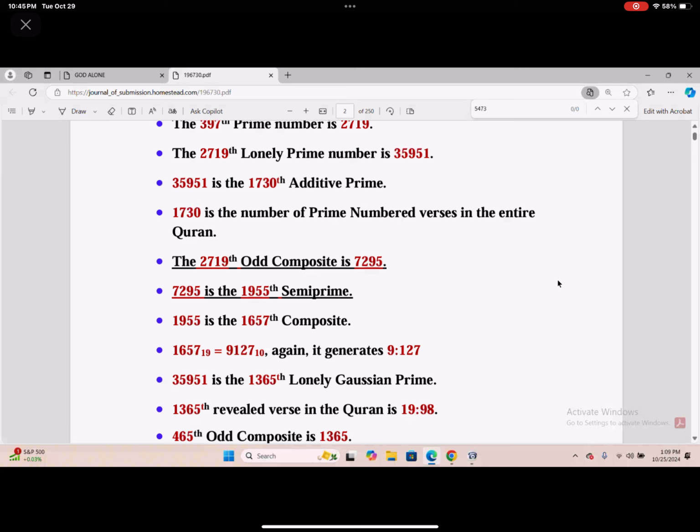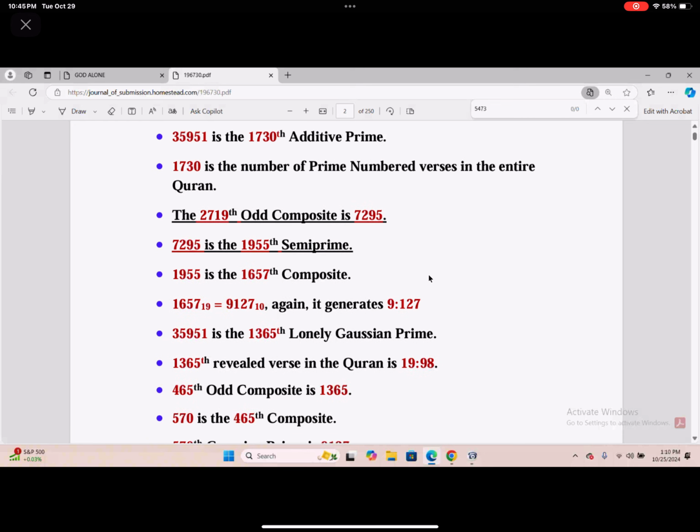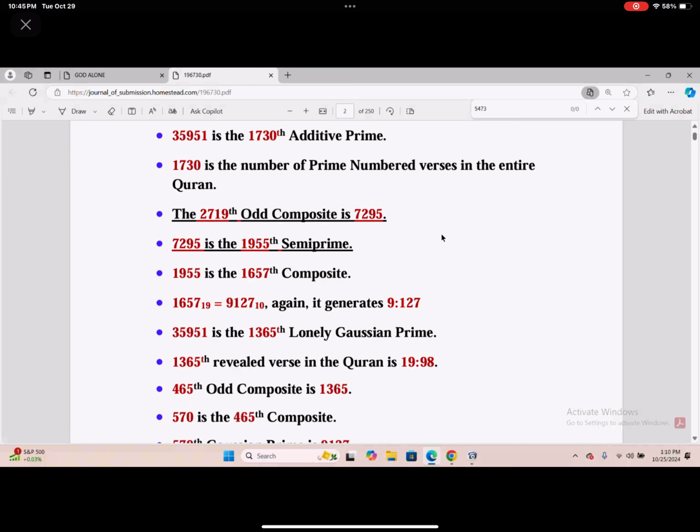So you see, it went back in there, and then we looked at another window. These are windows, as I said, to paradise that God has shown us. So we look at this and again we see 9127. 35,951 is the 1365th lonely Gaussian prime, and 1365, the revealed verse in the Quran, is 1998.